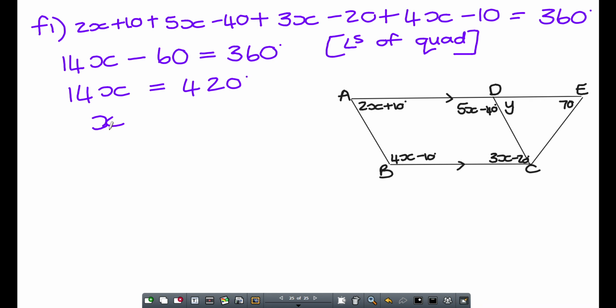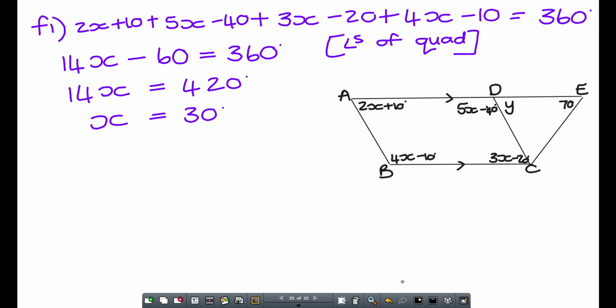When I take this over, it's going to become plus 60, and that's how I got the 420. Now I'm going to divide both sides by 14. So x will be 30 degrees. You guys good with that?